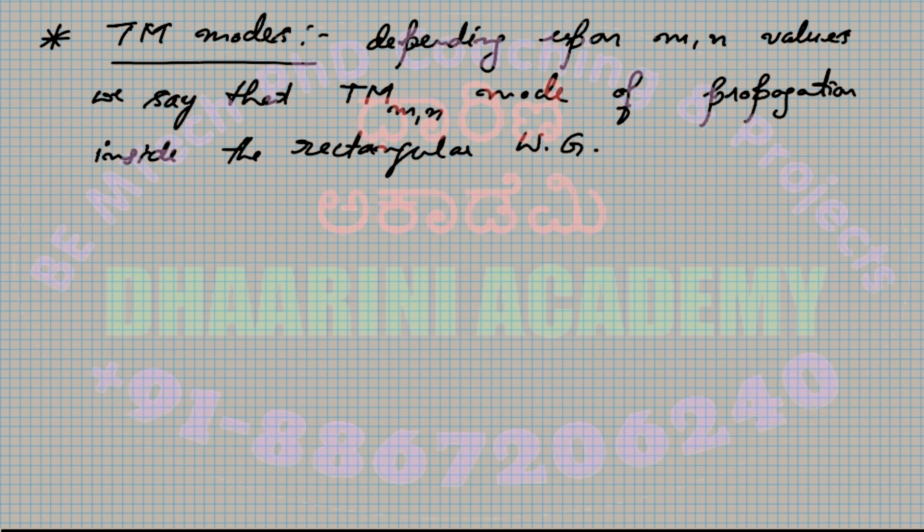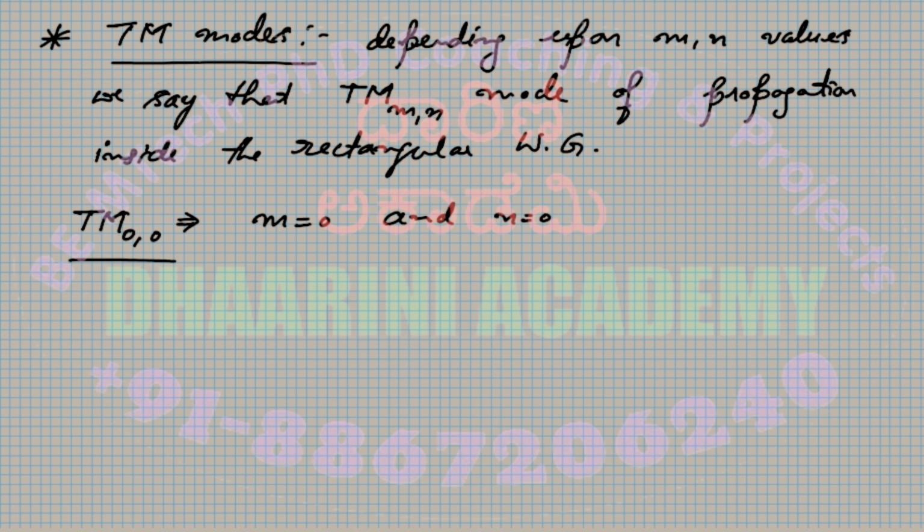Let us try to substitute both m and n as 0, 0. So the first mode we are going to look at is TM 0, comma 0. This means m becomes equal to 0 and n is also going to be equal to 0. This is what I need to check, what happens. What are the various fields we are going to get?